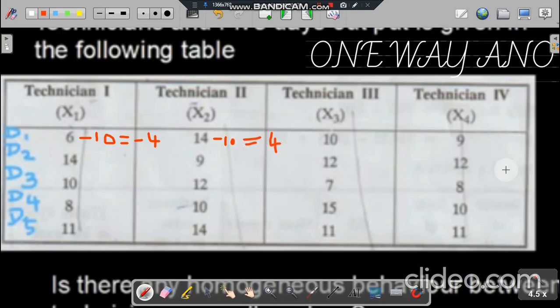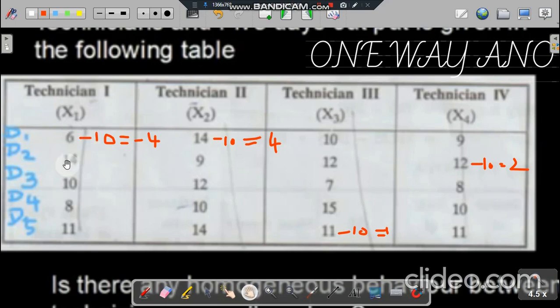Like that, all the elements we are subtracting. 12 minus 10 is equal to 2. Similarly, 11 minus 10 equals 1. Like this we do.